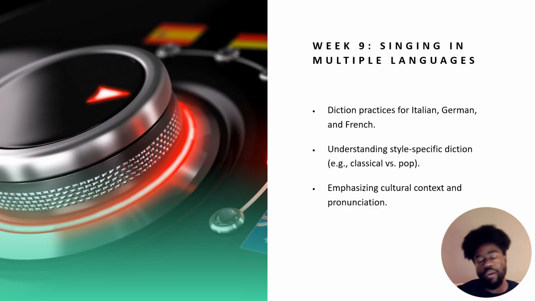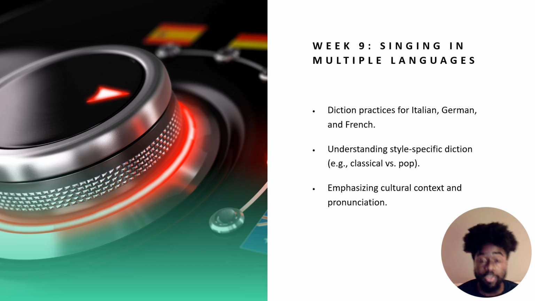But moving on now to week 9, singing in multiple languages. Now that we have our understanding of how to use that IPA, we'll do diction practices for Italian, German, and French, which are really crucial if you're in particular genres, opera obviously being one that comes to mind when you see Italian, right? Really European languages were all heavily influenced by that opera style. And then we have style-specific diction.